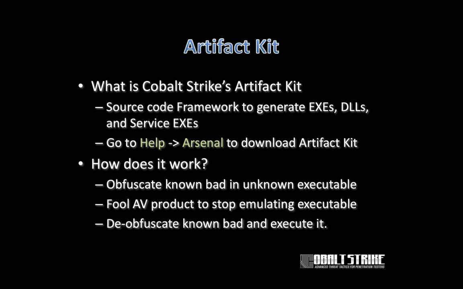The Artifact Kit builds on a contract that is available via Cobalt Strike's Aggressor Script. When Cobalt Strike generates an executable or DLL, it asks its scripting engine, can you generate this executable or DLL for me? And if a loaded script says yes, Cobalt Strike says, okay, well, here's my shellcode.